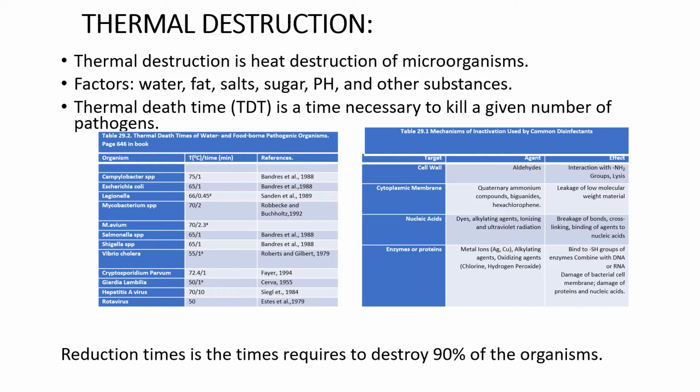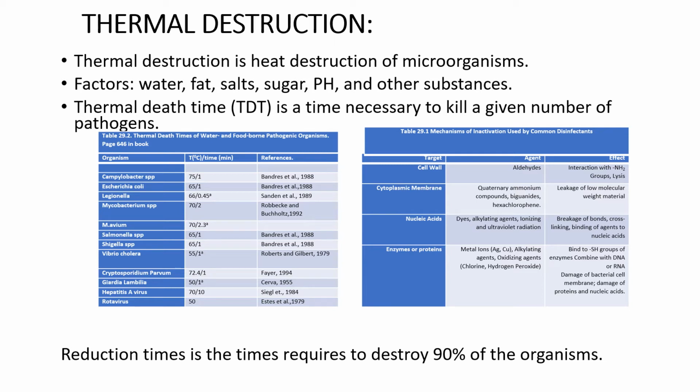Thermal destruction is the heat destruction of microorganisms. It is used in the food industry because of the importance of the process in killing bacteria and preventing foodborne spoilage. Factors that influence thermal destruction include water, fat, salt, sugar, pH, and other substances. Thermal death time is the time necessary to kill a given number of pathogens.